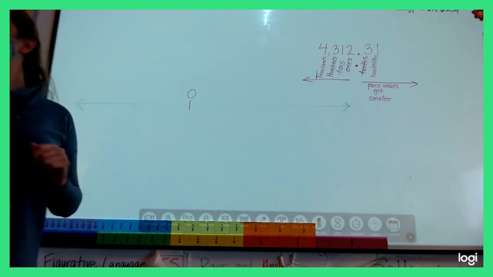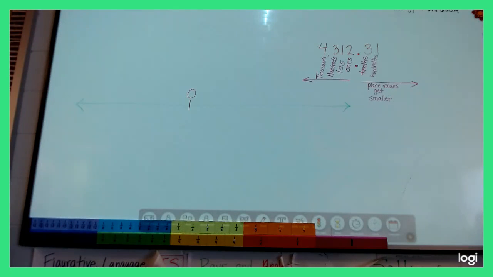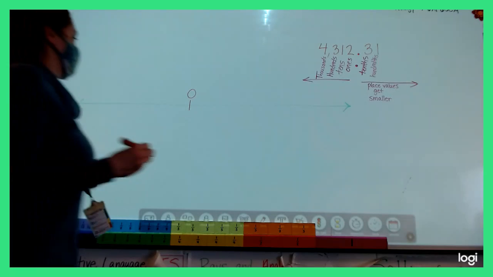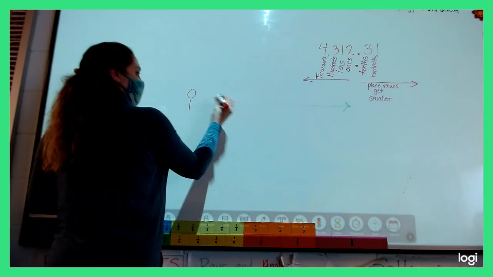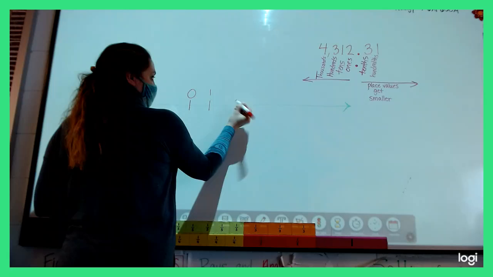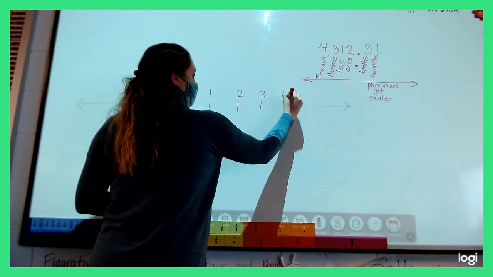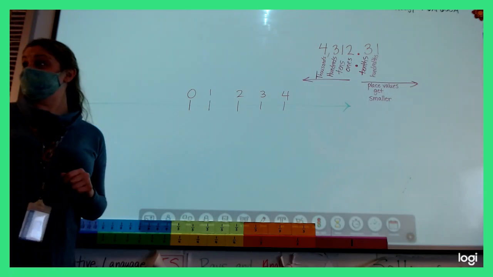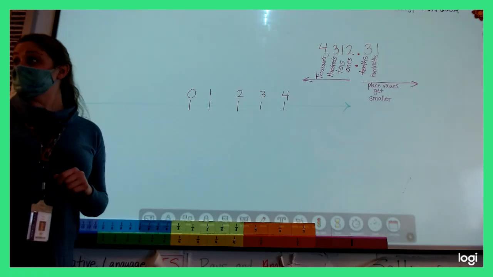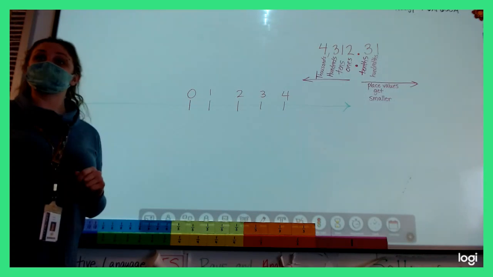Kind of in the middle. All right. So, if I go up, I have 1 thing, right? 2 things, 3 things, 4 things. These are whole numbers. You following so far? Okay, some of you haven't written a thing on your board. Please do so.